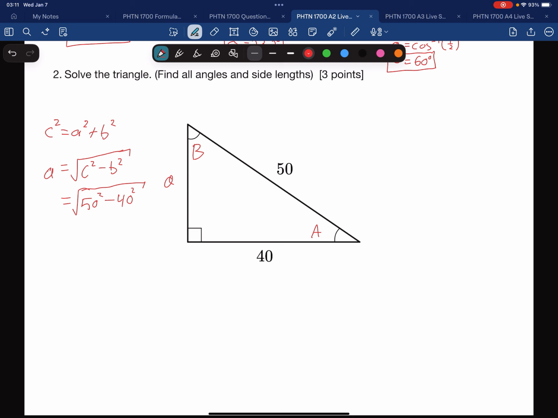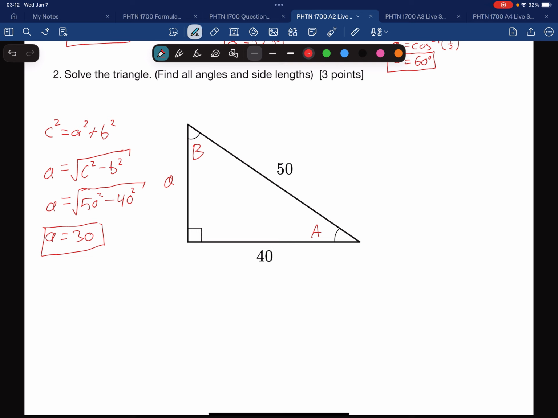And this should be equal to 30, if I'm not mistaken, because this should be just a special triangle. But plugging in my calculator, just to be sure, nothing wrong with doing this. Yes, it is 30. So A equals 30 is one of our answers here.